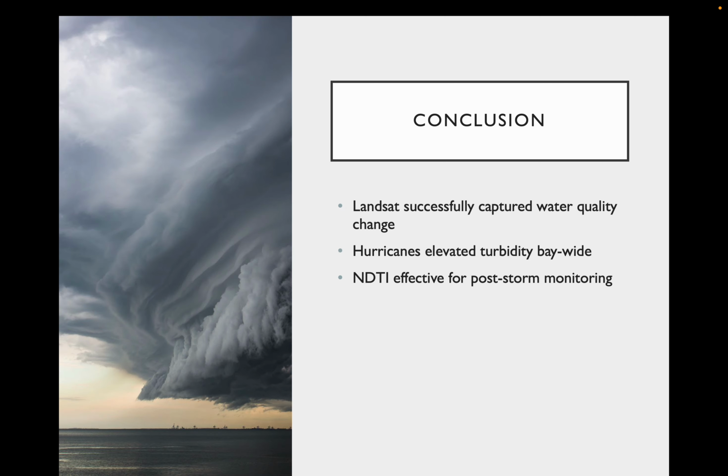So overall, Landsat 8 and 9 with the NDTI index were effective in capturing these changes. Even with moderate resolution, they provide clear evidence of the system-wide turbidity increase, showing that satellite remote sensing is a reliable tool for assessing post-storm water quality in coastal environments.